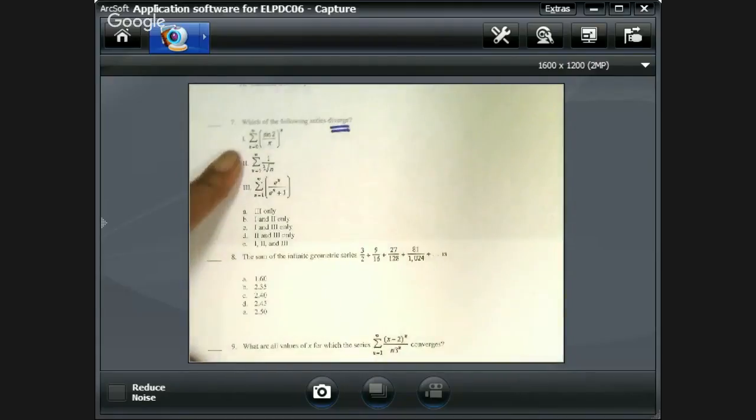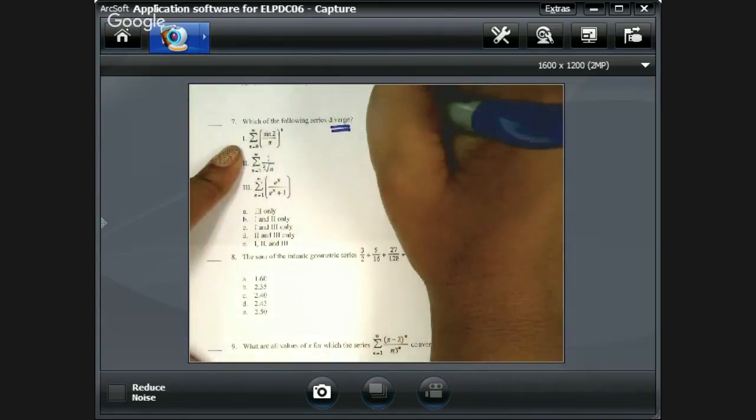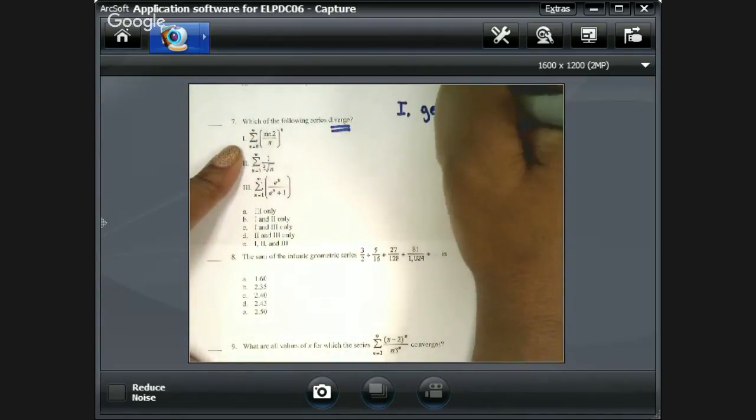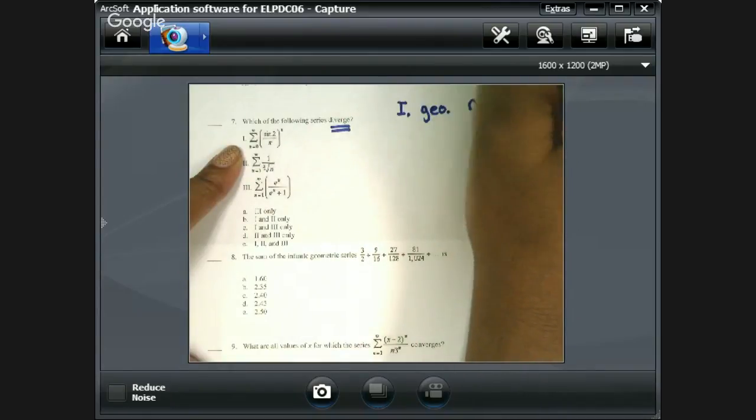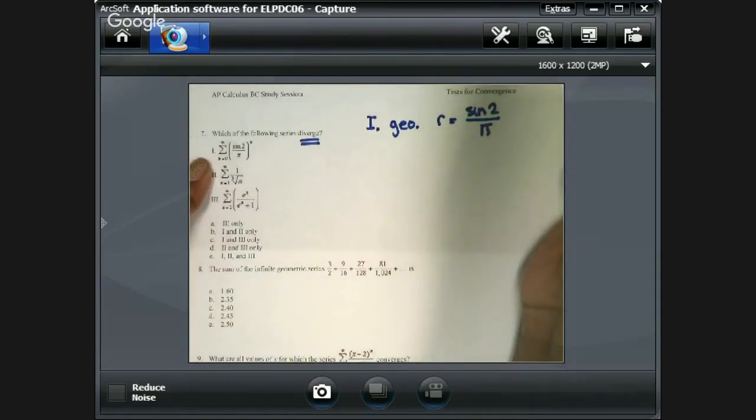So I look at this and I say, okay, Roman numeral 1 is geometric with a common ratio of sine of 2 over pi. The question is, is that less than 1, greater than 1, or equal to 1? I'm pretty sure that the sine of 2 is in the second quadrant, right? Because 2 is between pi over 2, which is about 1.5, and pi, which is about 3.